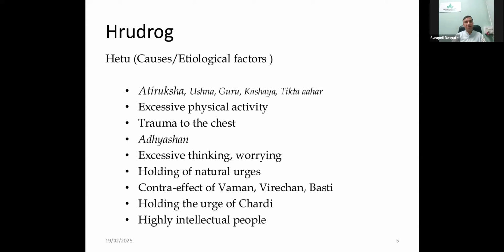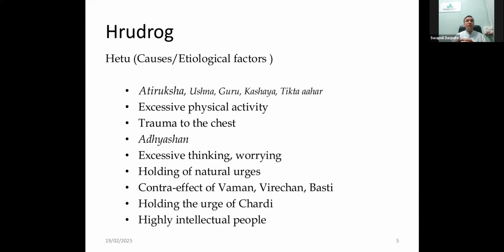Holding of natural urges. Contra effect of vamana virechana basti. So what is contra effect? Mithya yoga, that is called in Sanskrit, mithya yoga, of the karmas, the cleansing processes of vamana, virechana, and basti. So whatever ill effects or the opposite effects of vamana, virechana, basti, it can lead to rudroga.